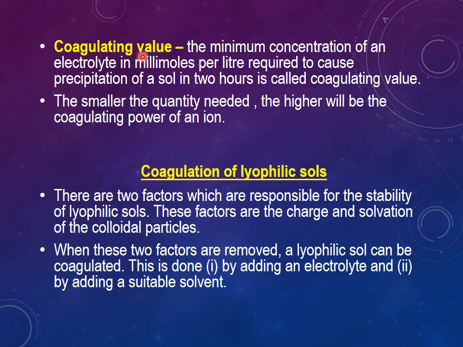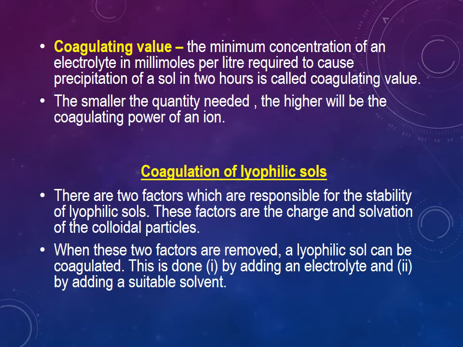Coagulating value. The minimum concentration of an electrolyte in millimoles per liter required to cause precipitation of a sol in 2 hours is called the coagulating value. The smaller the quantity needed, the higher will be the coagulating power of an ion. Coagulation of lyophilic sols.